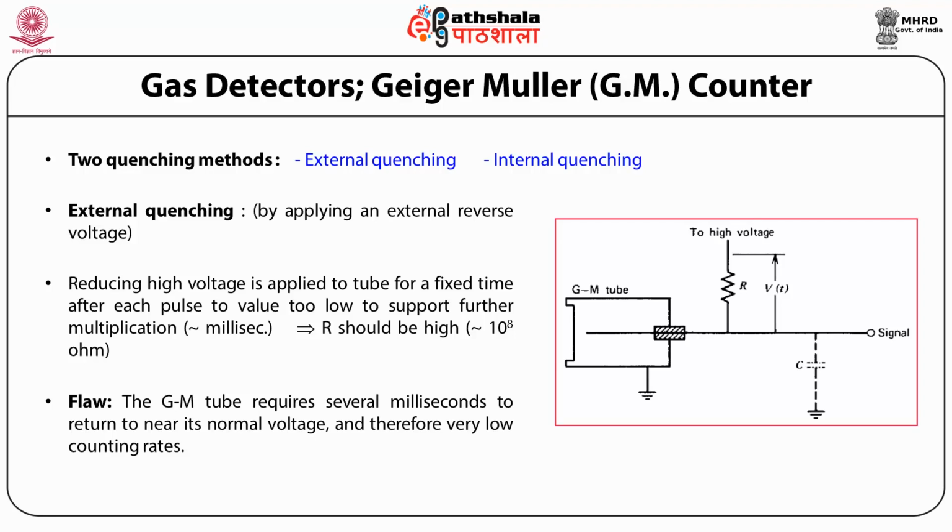So this is the disadvantage with the external quenching method: it effectively increases the dead time, because the applied voltage, once it is quenched by the external reverse applied voltage, takes longer to come back to its initial value, so that another pulse can be generated. So it puts a long detector dead time on the GM tube, and therefore counting rates become low.